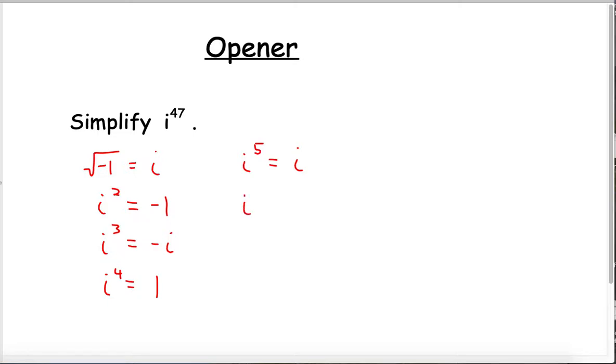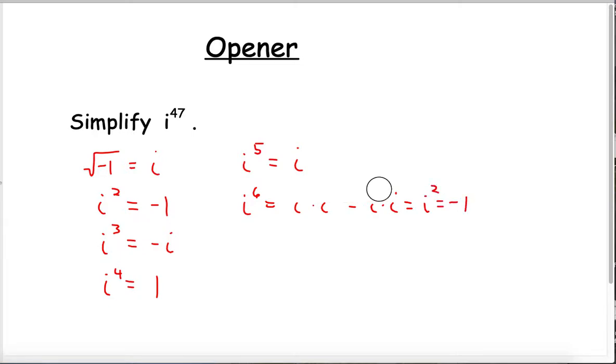How about i to the 6th? Well, you can think of it a couple of ways. We could do i to the 5th times i to the 1st, or we could do i to the 4th times i to the 2nd, etc. So i to the 5th is just i, and then times i gives us i squared, which is -1.